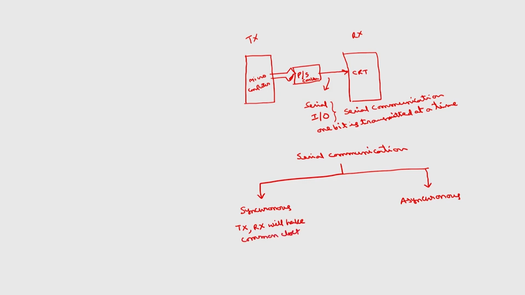So, because of that all the operations will be synchronized. In addition, here this serial data we have to transmit. In case of synchronous, we have to transmit some synchronizing bits also.